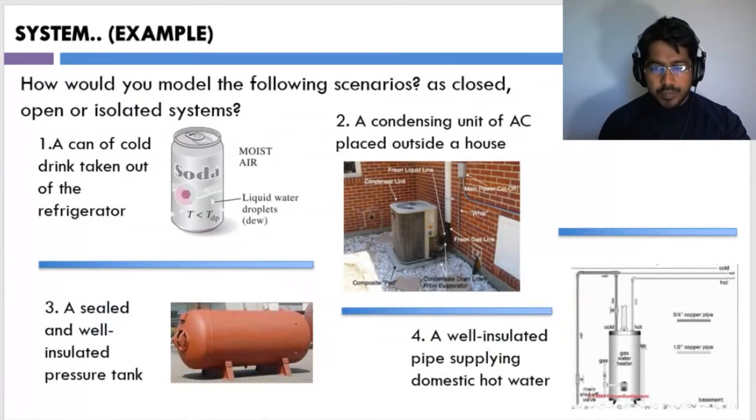Okay, now I want you to try to find how we can simulate these processes as an open system, closed system, or isolated system. You can pick 1, 2, 3, 4, and then put open, closed, or isolated under each number and put it in the chat.